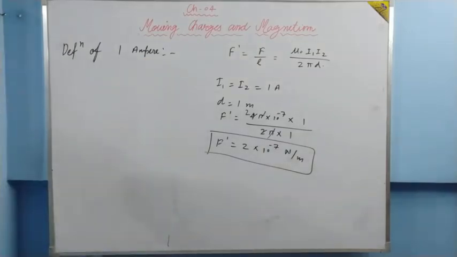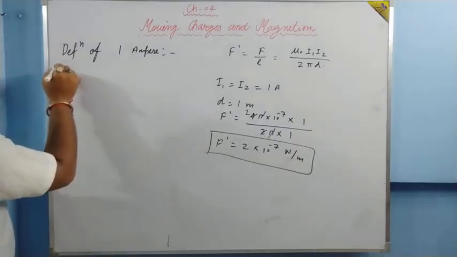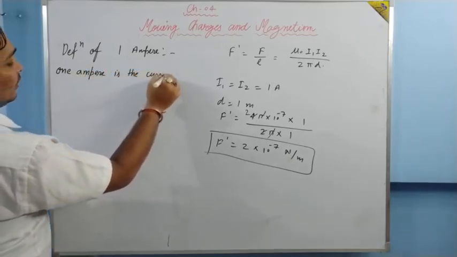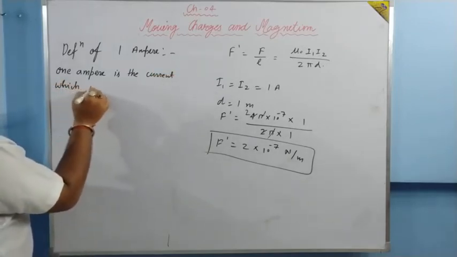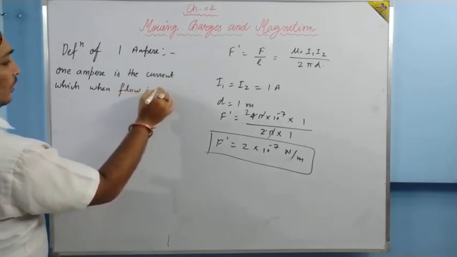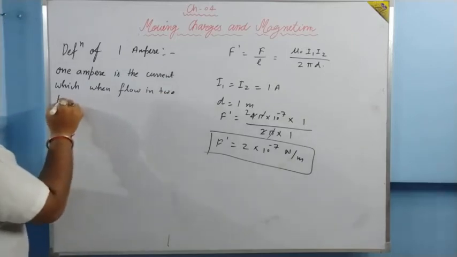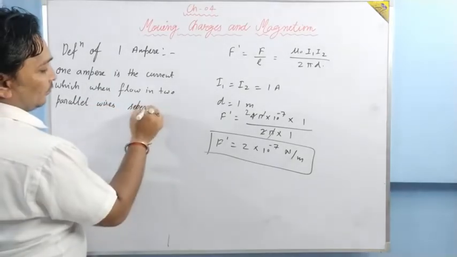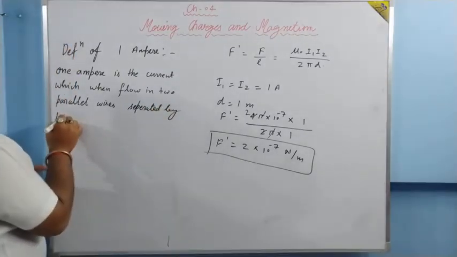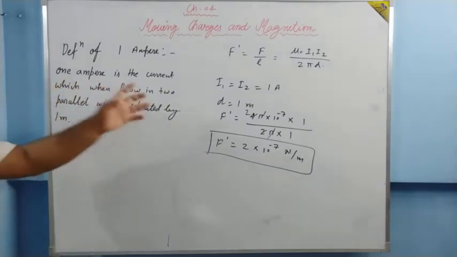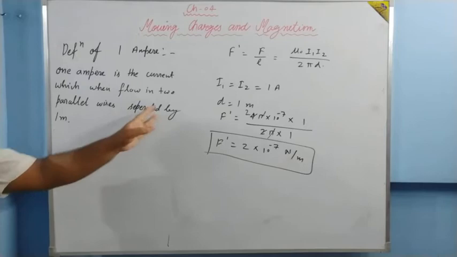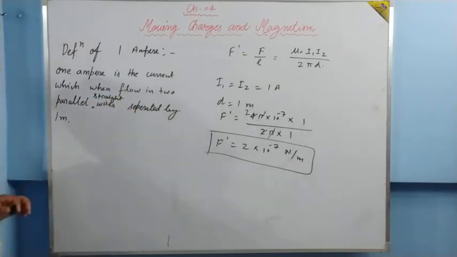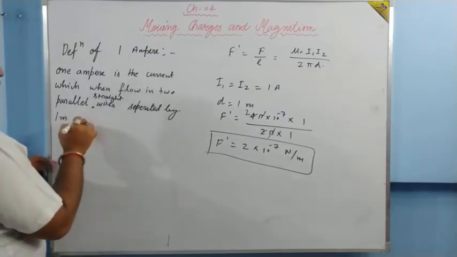We say that one ampere is the current which, when flowing in two parallel wires separated by 1 meter, two parallel straight wires separated by 1 meter in vacuum, try to understand till here.